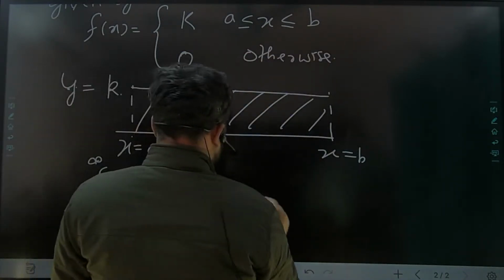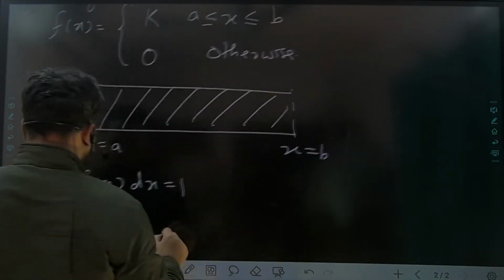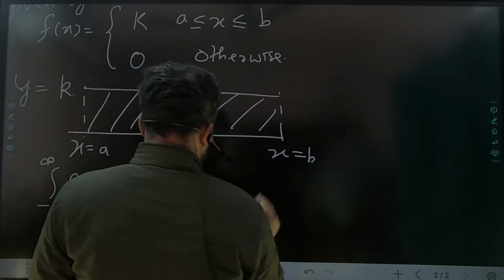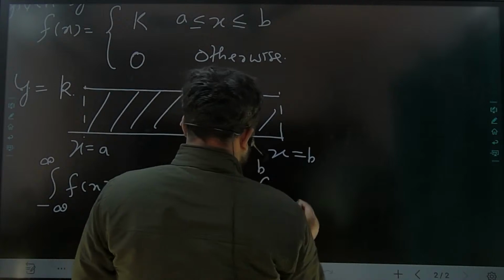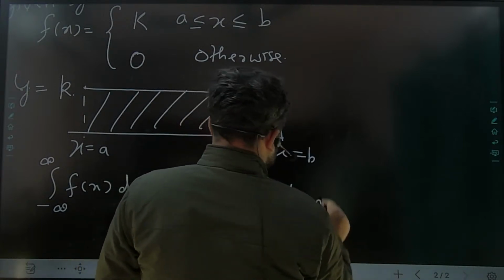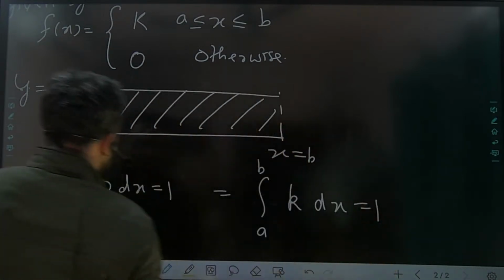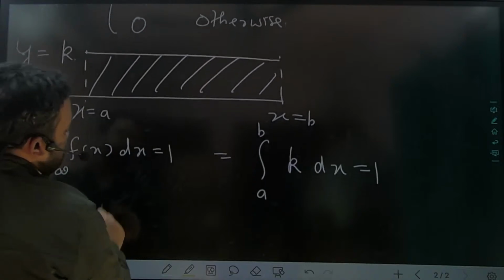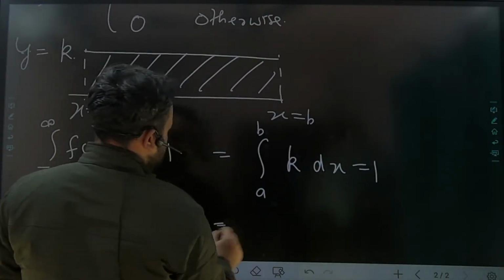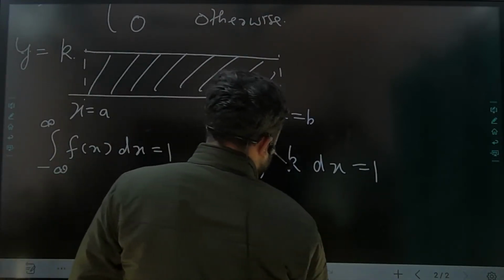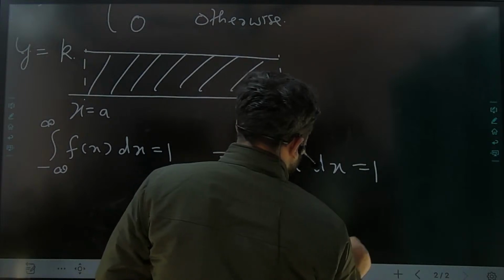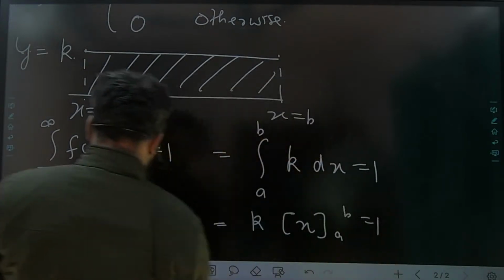So finally, we can write this as the integral from a to b of k dx, which is equal to 1. And k is constant, so you just have to integrate this. This is k times x, with limit a to b, equal to 1.